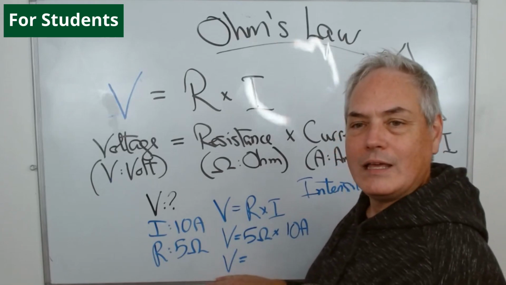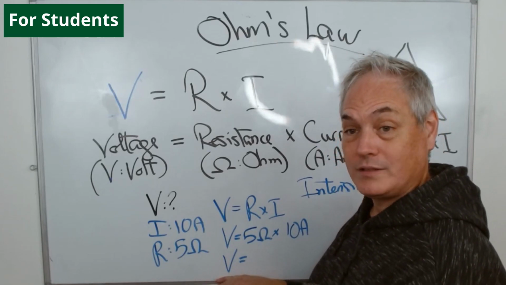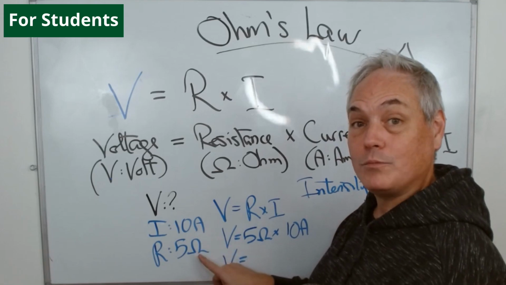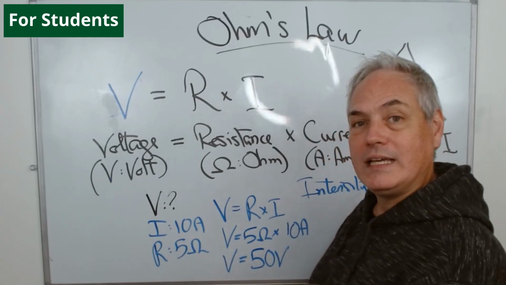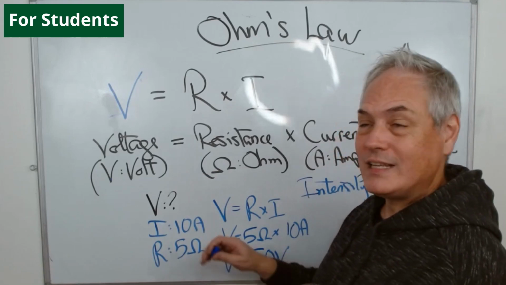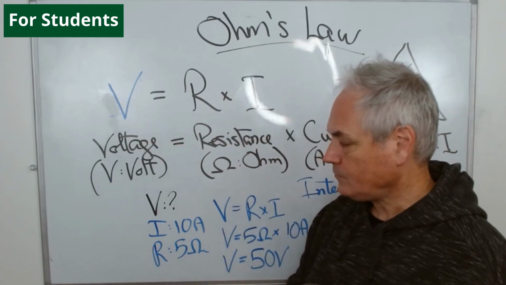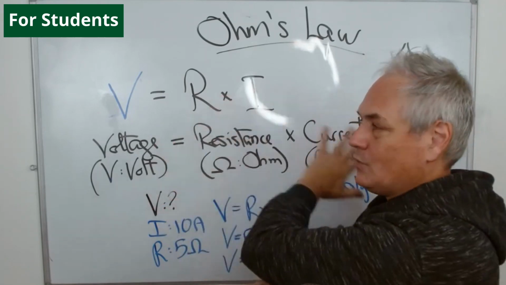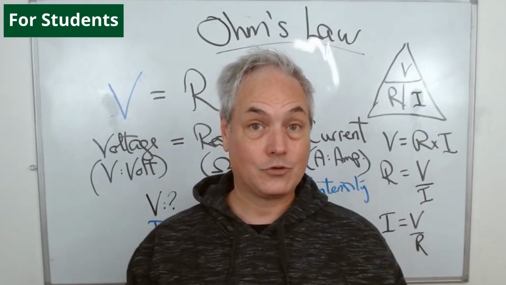So the question, how much voltage will be necessary to generate 10 amps of current in a circuit that has 5 ohms of resistance, the answer is 50 volts. That's an example of how we can answer this question. Let's erase this, and I'll give you 2 more examples.